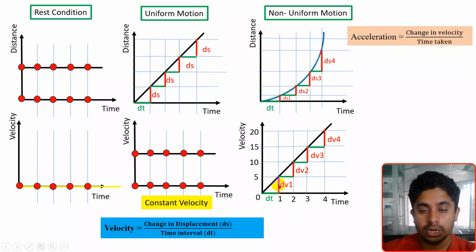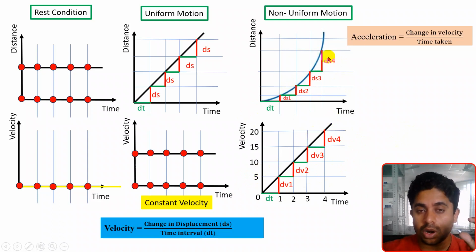The differences dv1 and dv2 may be unequal, dv2 and dv3 may be unequal, dv3 and dv4 may be unequal. As the ds1, ds2, ds3, ds4 values are increasing, the corresponding velocity changes dv1, dv2, dv3, dv4 are also increasing, here with a magnitude of 5 kilometer per hour.